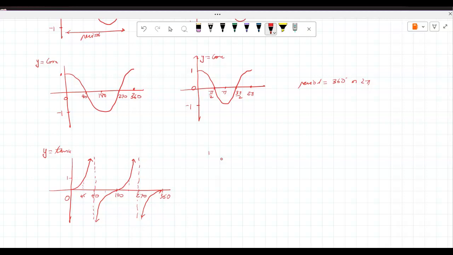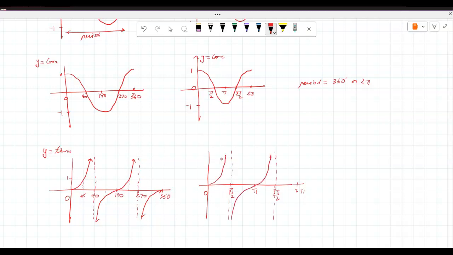For radians, we'll take 0, pi by 2, pi, 3 pi by 2, and 2 pi. And 315 is also minus 1.